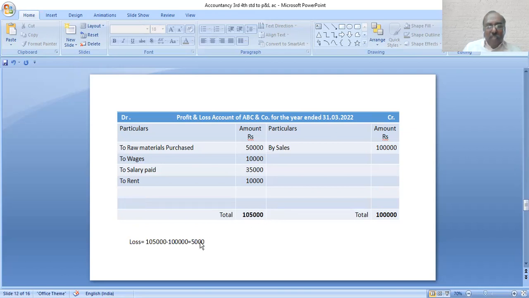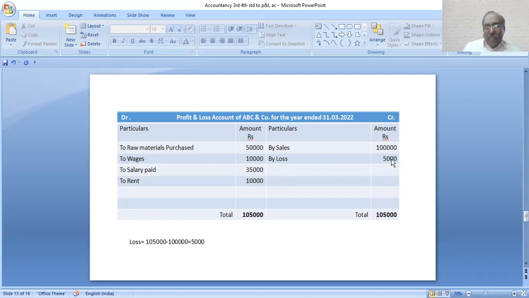Now how do we take this 5,000 into this account? The expense total, 1 lakh 5,000, is the highest. Put 1 lakh 5,000 as the account total. The difference between 1 lakh 5,000 and the income total 1 lakh comes to 5,000.